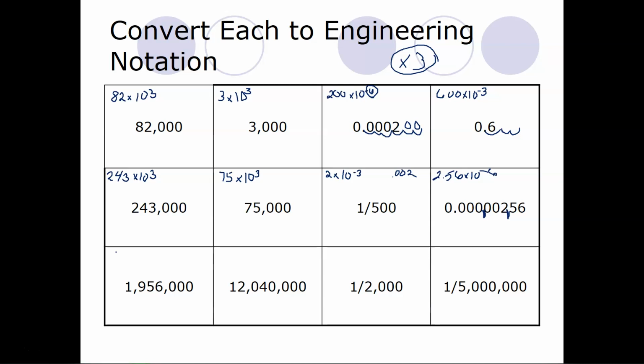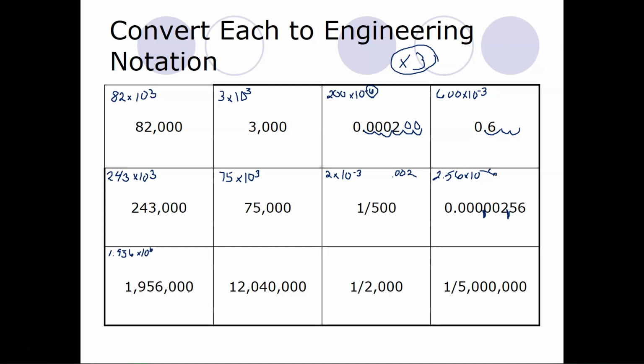Does everybody see what I did? Okay. So the next one, we should have gotten 1.956 times 10 to the 6.